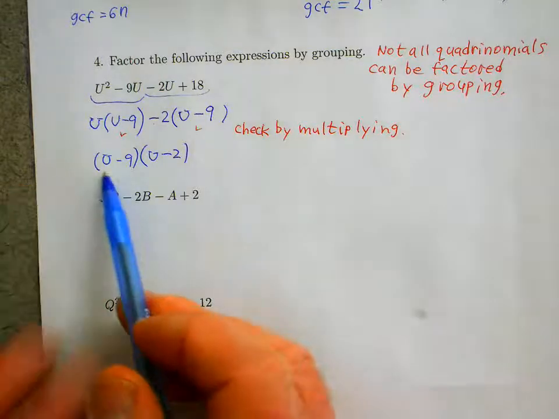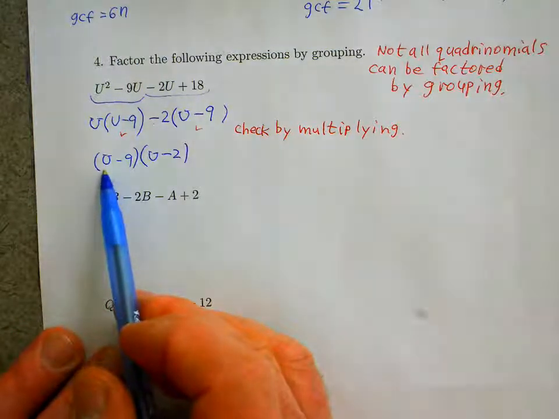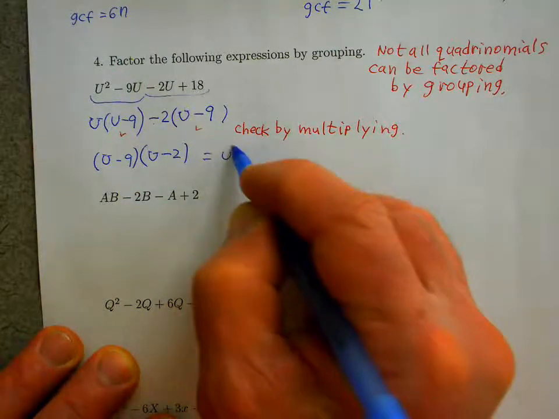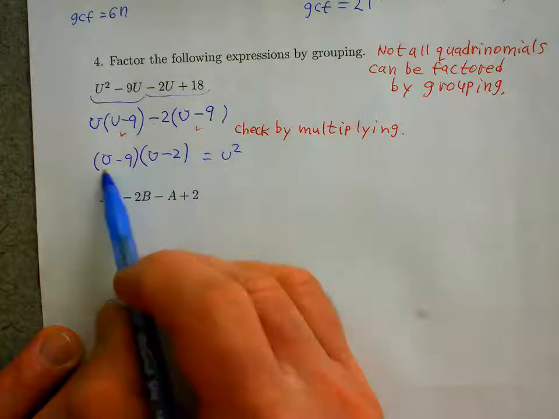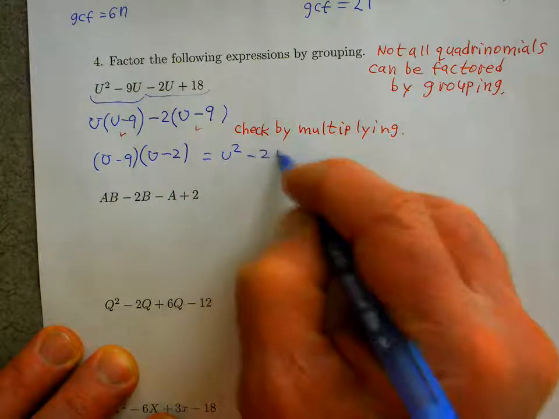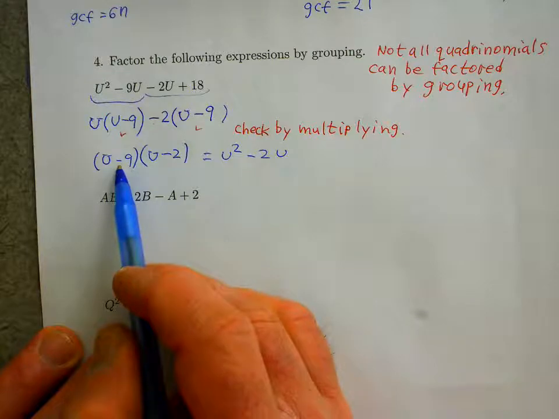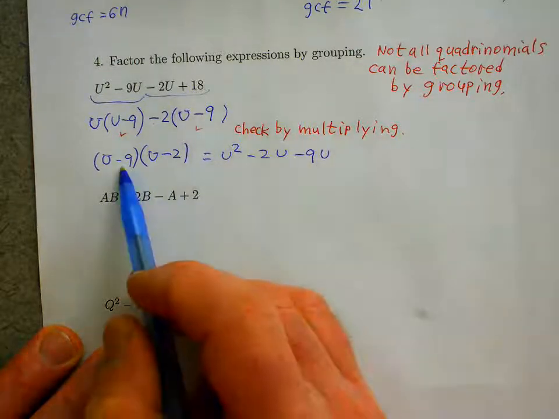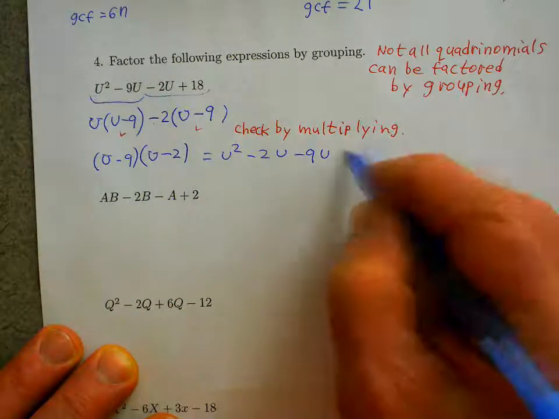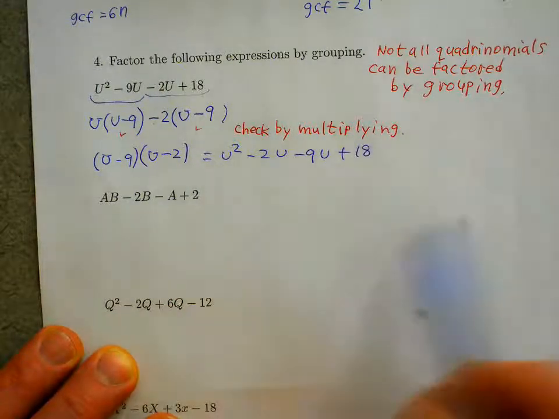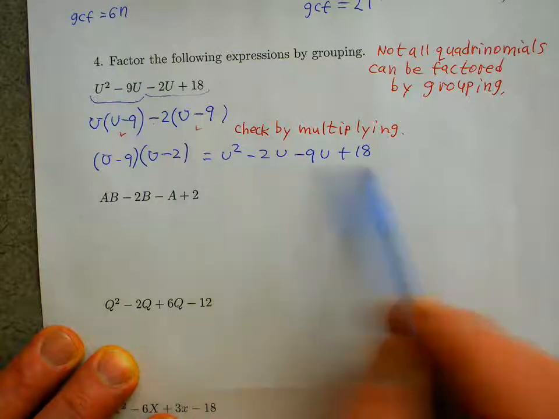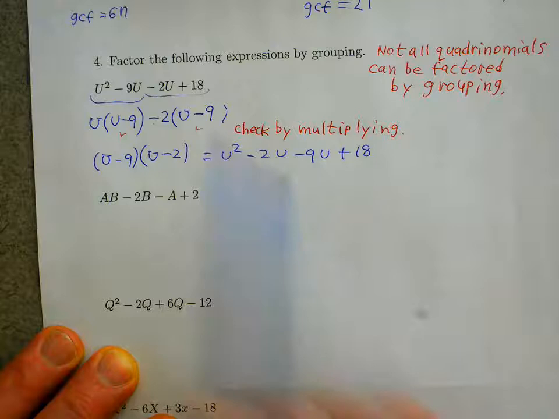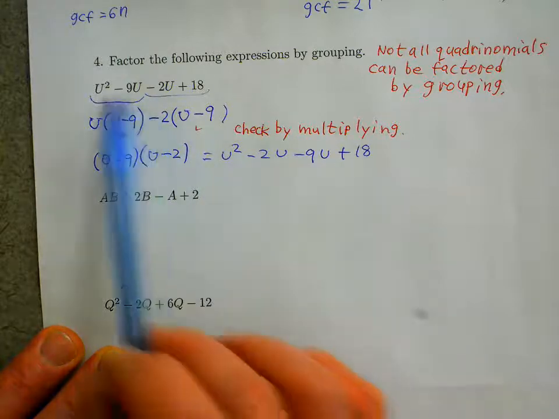So this is the kind of thing we did yesterday. u times u is u to the second, and then minus u times 2, minus 2u, and then minus 9u, and then negative 9 times negative 2 is positive 18. So this is what we started with. I have the middle terms in opposite order, but it's equivalent to what we began with.